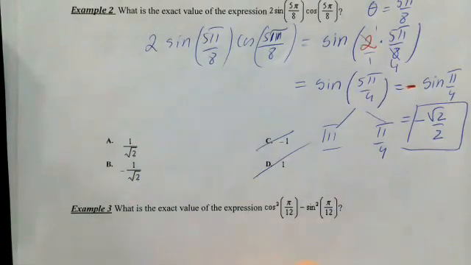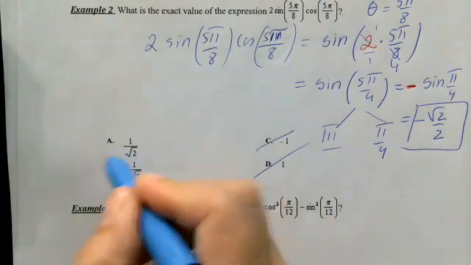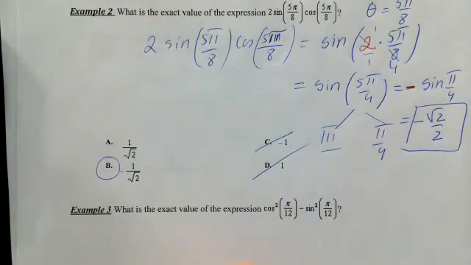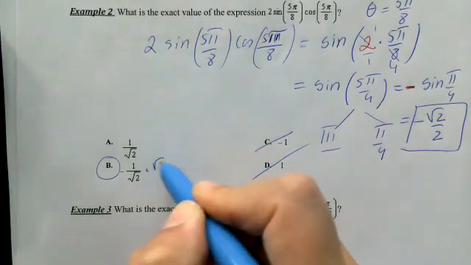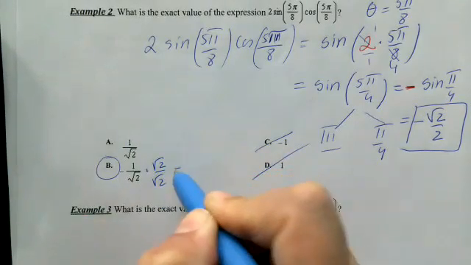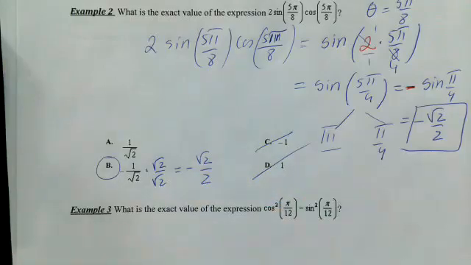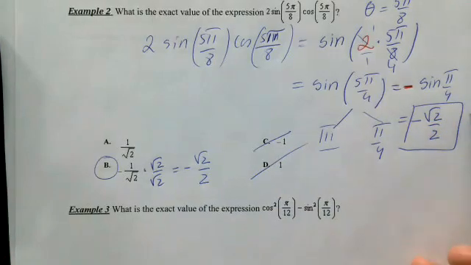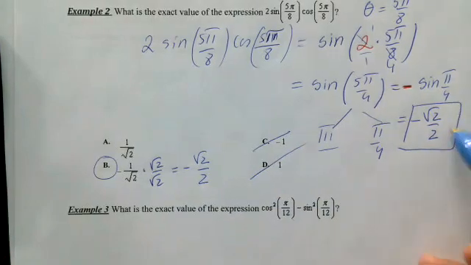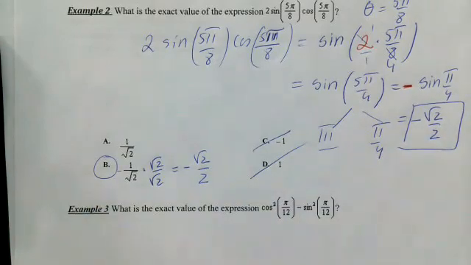So which one of these could be? B, of course. It's just not the rationalized form, right? So if you rationalize here, square root of 2 over square root of 2, you're gonna get 2 square root of 2 over 2 negative, right? And you can unrationalize this one as well. Just multiply again by square root of 2 over 2, and then you're gonna get back to the unrationalized form.